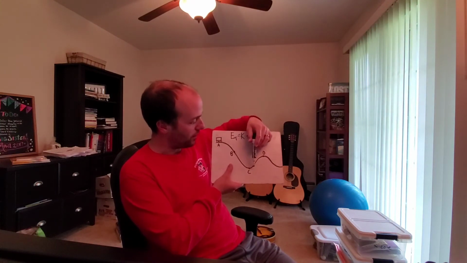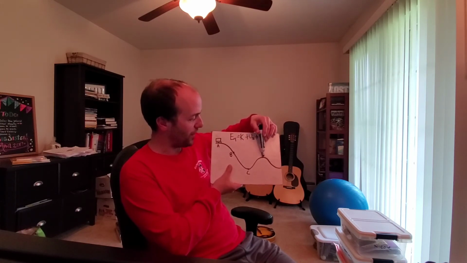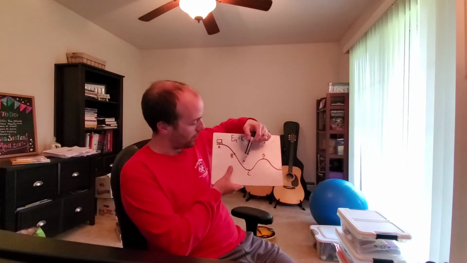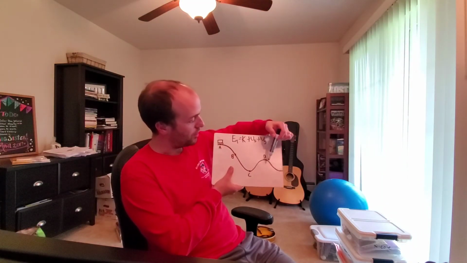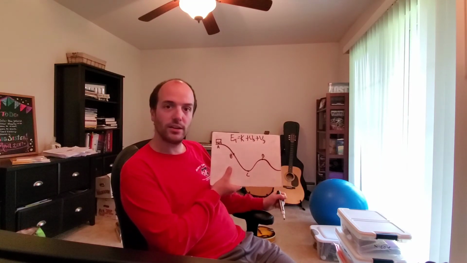Then it comes up here. We're at the top of a bump again, but that bump is not as high. So we can't say that it's just gravitational potential energy because it's going to come down and roll here. So we'll say it's got some gravitational potential and kinetic.